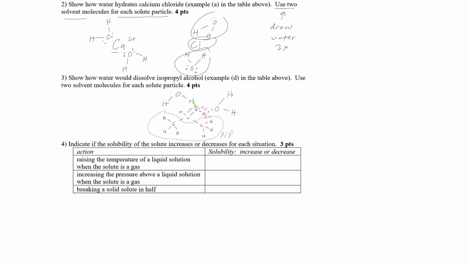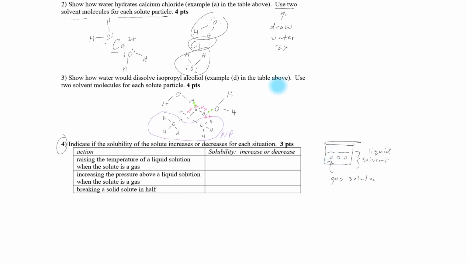All right, so factors affecting solubility, that's what this question's about. It says raising the temperature of a liquid solution when the solute is a gas. So let's say you had a beaker and you have a liquid. The liquid is the solvent, and you have a gas solute dissolved in it.